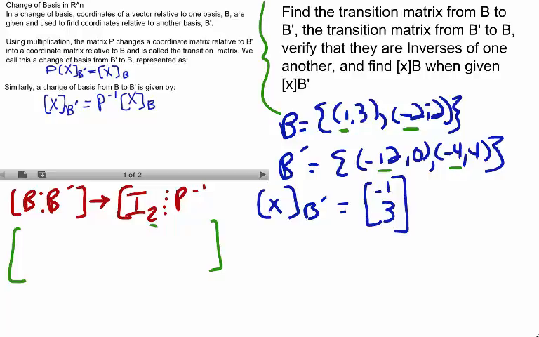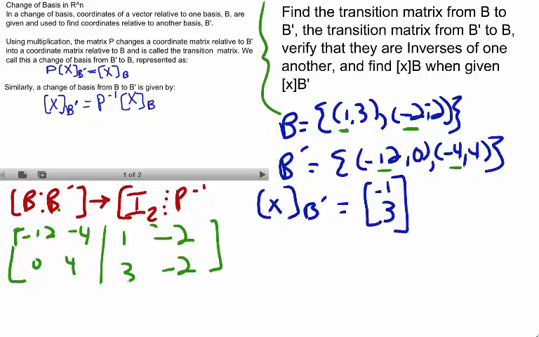So we have negative 12, negative 4, 0, 4, and for matrix B, 1, negative 2, 3, negative 2. As you can see, this is a common place to make a mistake. So remember, transitioning from B to B' means when we set up our matrix, we put B' first and then B.